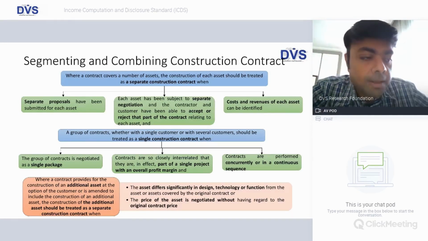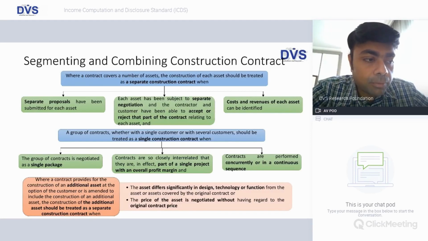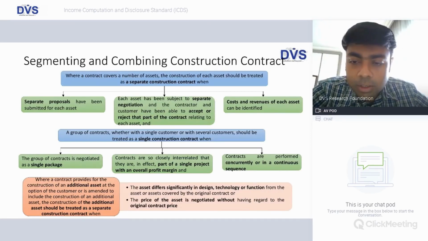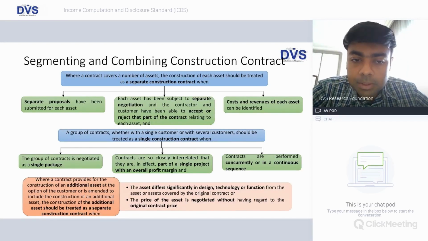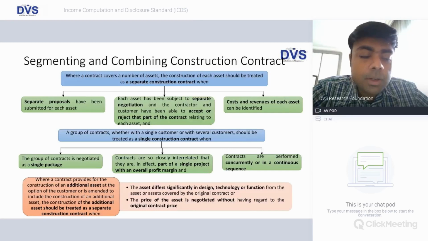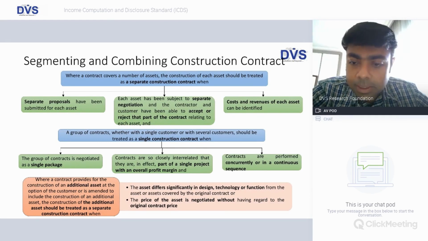So in this case, separate proposals would have been submitted for the clubhouse, for the villas, for the sports facilities, for laying down the roads, etc. And each asset has been the subject matter of separate negotiation, and there shall be an accept or a reject clause for each asset. Costs and revenues for each asset can be identified. So this is a case where even though there are multiple assets, and there's one contract for doing multiple assets, each of it will be deemed as a separate contract by itself.